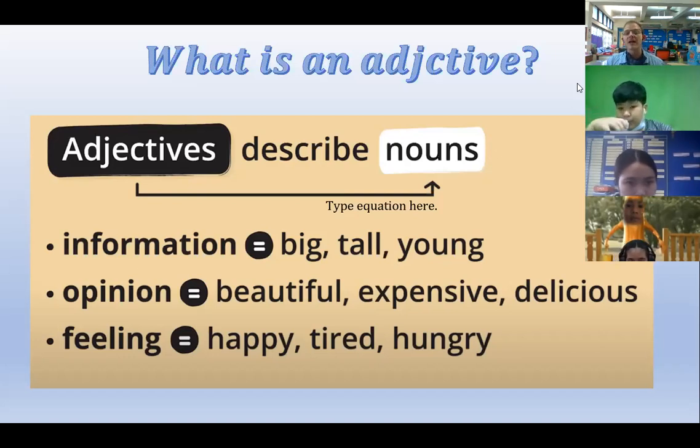If you talk about an opinion, we use words like beautiful, expensive, cheap, delicious. Those types of words express an opinion about the noun. And if we have a feeling, we can say I'm happy, I'm tired, I'm hungry, I'm sad, I'm excited, I'm exhilarated, I'm claustrophobic. It's a lot of things to explain a feeling of the noun.